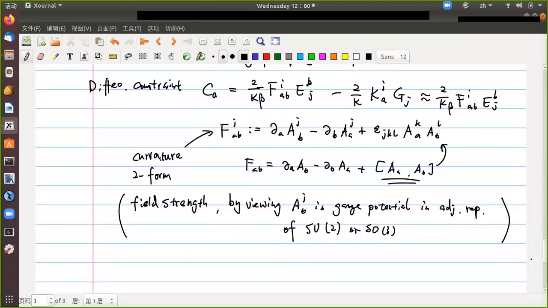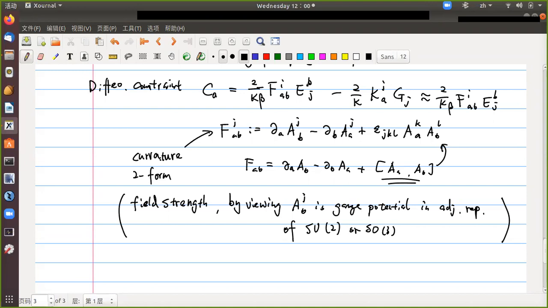Yeah. So before I call this I, J by relating to gauge theory, they are flavor indices. So they are some kind of special flavor index, because A^I_J is a gauge potential, and being a gauge potential, the J index is an index in the adjoint representation. So this is not any flavor index.